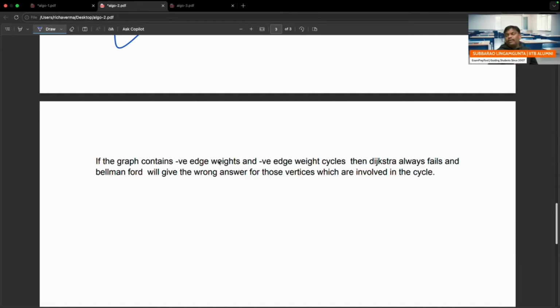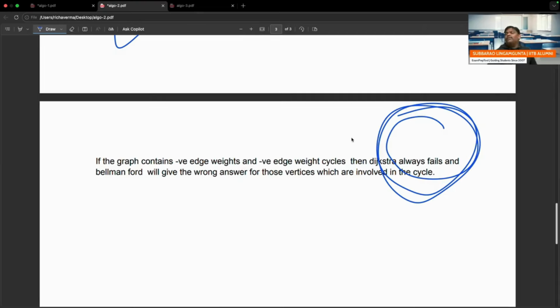If the graph contains a negative edge weight cycle, no one will give the correct answer because it goes to minus infinity, which is practically not possible, undefined. So be careful. Bellman-Ford also fails for those who are part of the negative cycle. Okay, perfect.